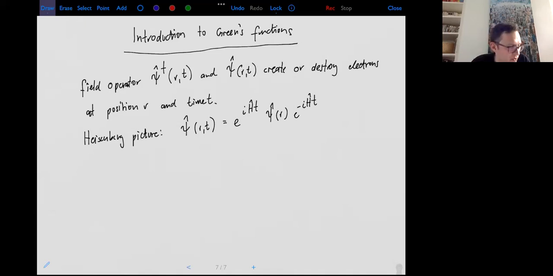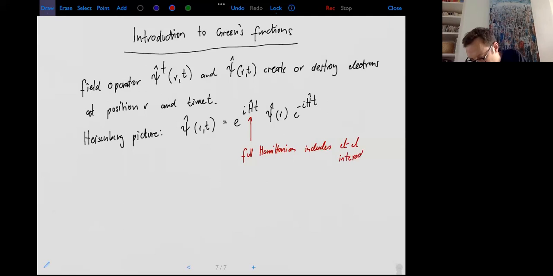Right, so where H is, of course, the Hamiltonian that includes electron-electron interactions. So this is the time dependence of any operator in the Heisenberg picture of quantum mechanics, right? So there's nothing special to the field operator here.